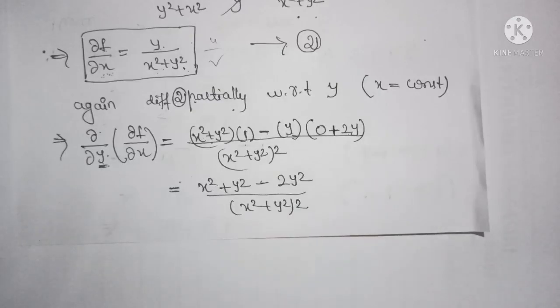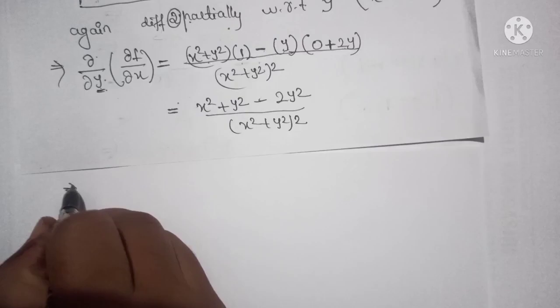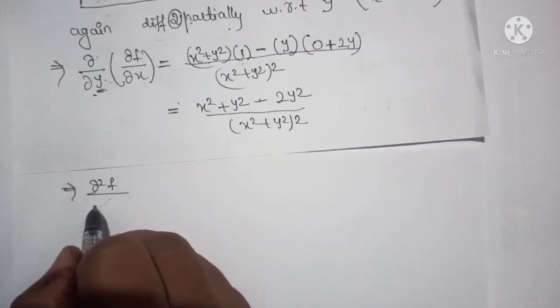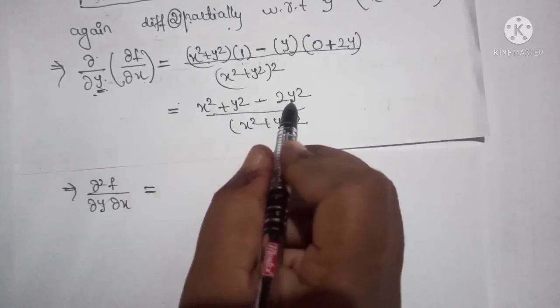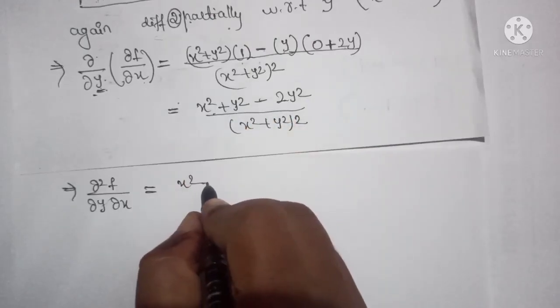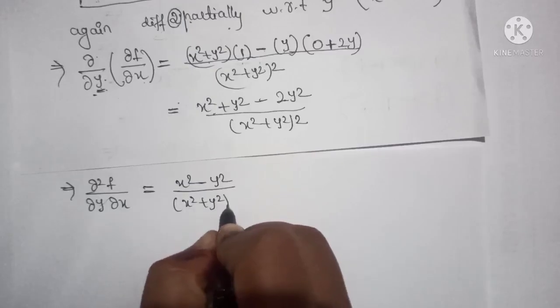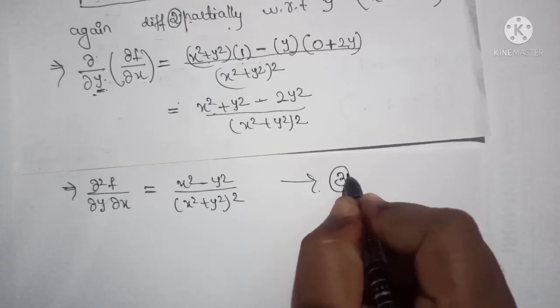So thus we get ∂²f/∂y∂x equals x square minus 2y square plus y square, which is minus y square, denominator as it is. So you can highlight this one as equation 3.